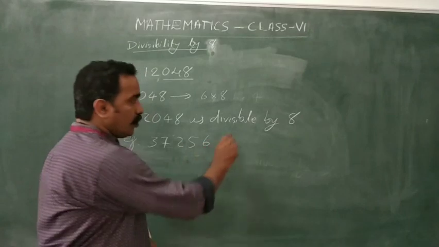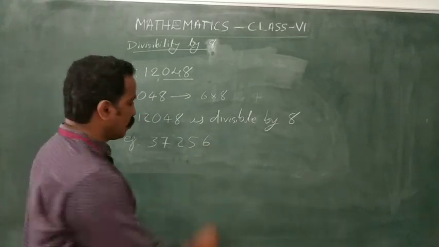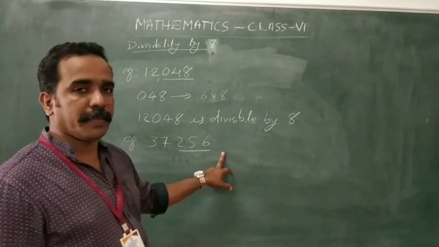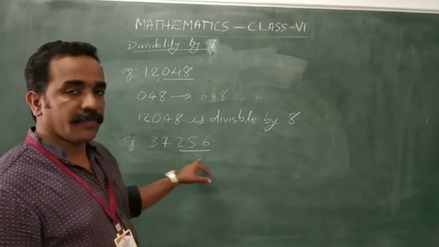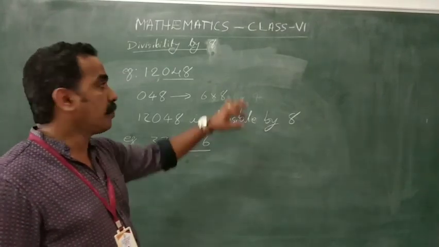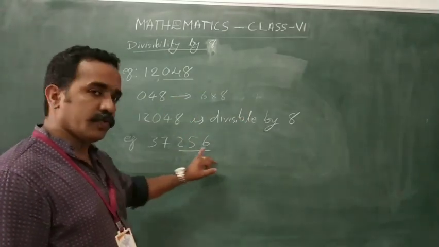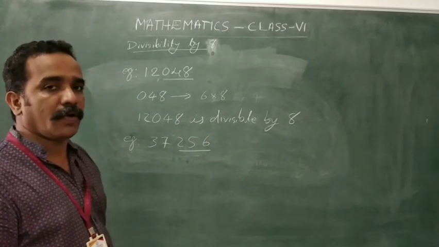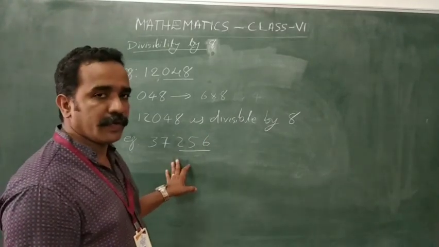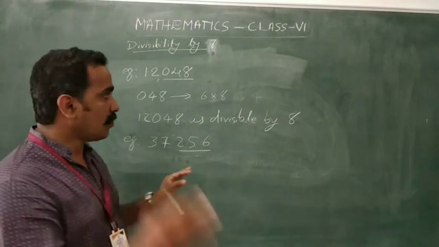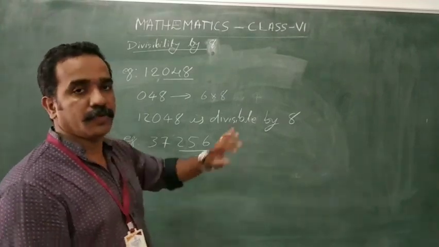Otherwise, you have to go for some actual division in this case also. Here, 256 is the number formed by the last 3 digits. Check whether 256 is a multiple of 8 or not. How can we check? We cannot recite the multiplication table up to 256.